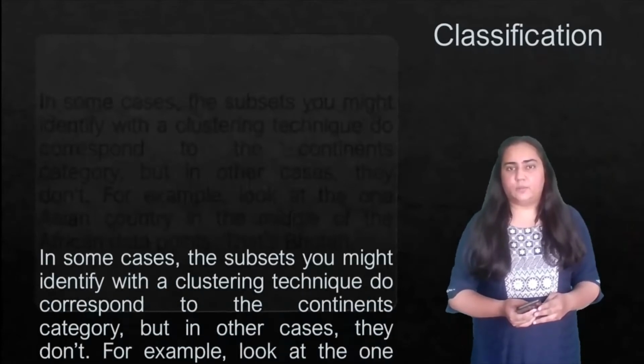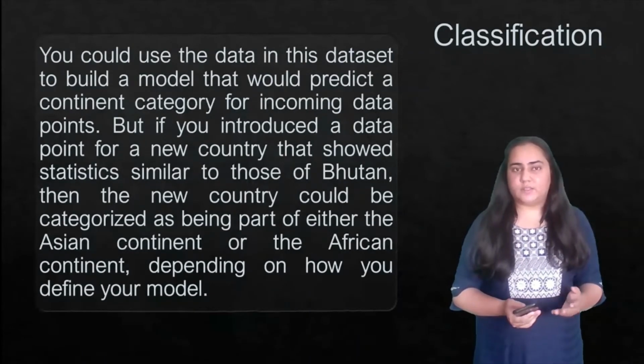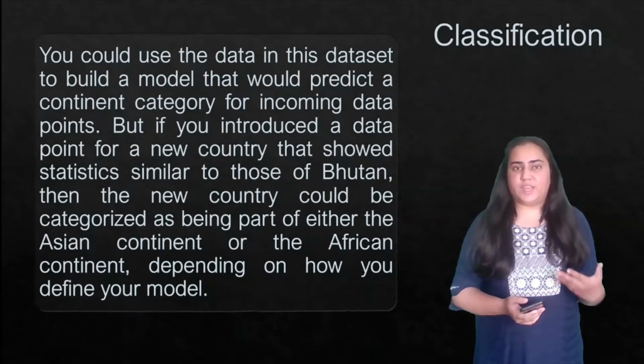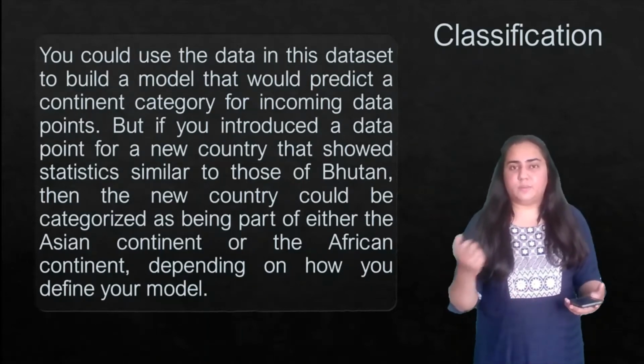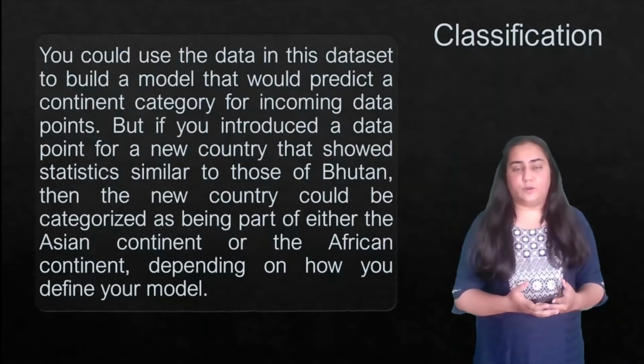Let's quickly go to the next slide. Now you could use the data in this dataset to build a model that would predict the continent category for incoming data points. So if somebody gives you a data point, you want to predict in which continent that data point is going to fall.